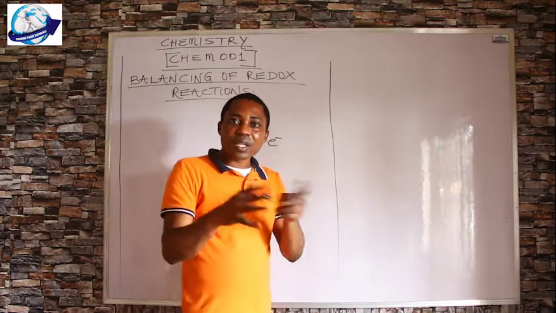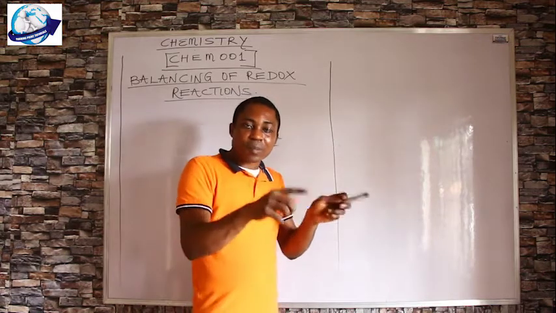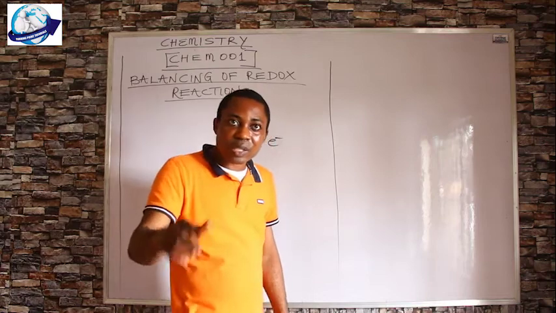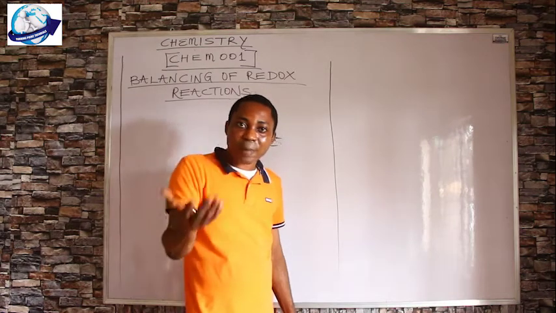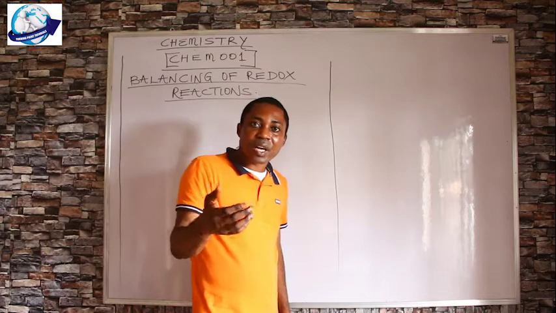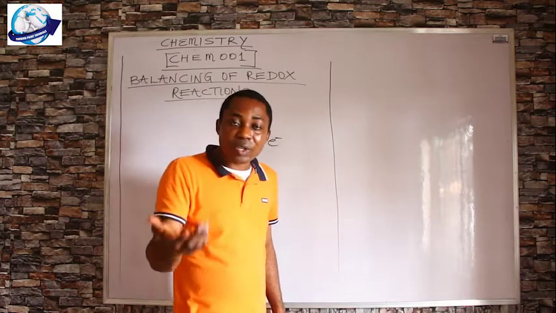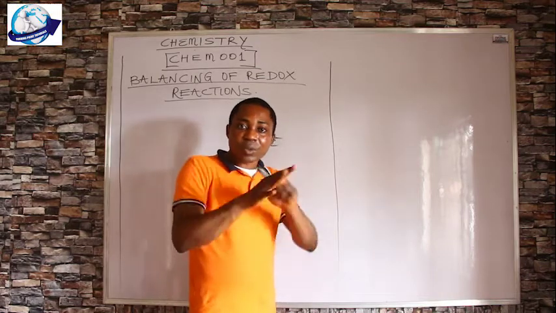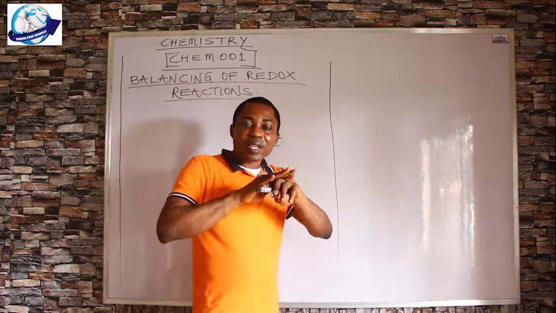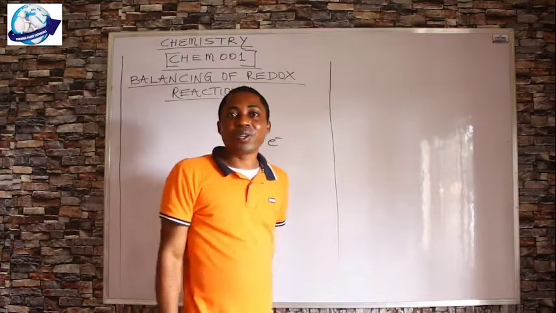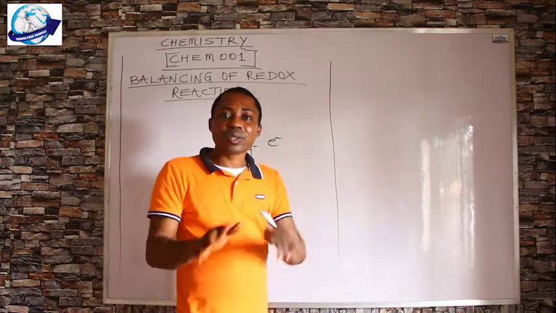If there's any species that occurs on both sides, you cancel all those species. It can be electron, hydroxide ion, H2O, that is water molecule, or hydrogen ion. If there's any of these species, you cancel them out on both sides, then you have a perfectly balanced redox reaction equation. So these are the steps.